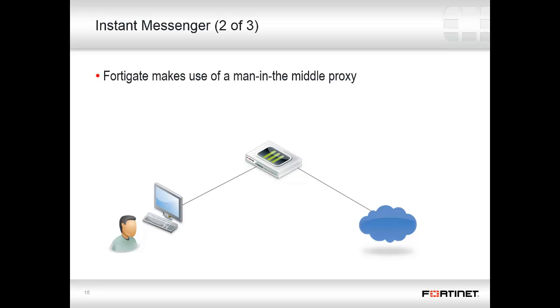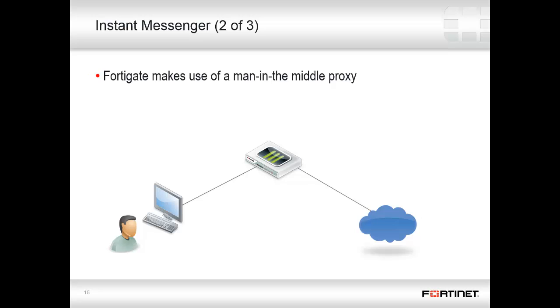Normally, when application control is enabled, it is handled by the IPS engine, so it works the same way as flow inspection. There is no proxy, just patterns matching the packets as they pass through. The difference in the case of these IM software products is that in order for the FortiGate device to provide inspection of this, it needs to make use of a man-in-the-middle proxy.